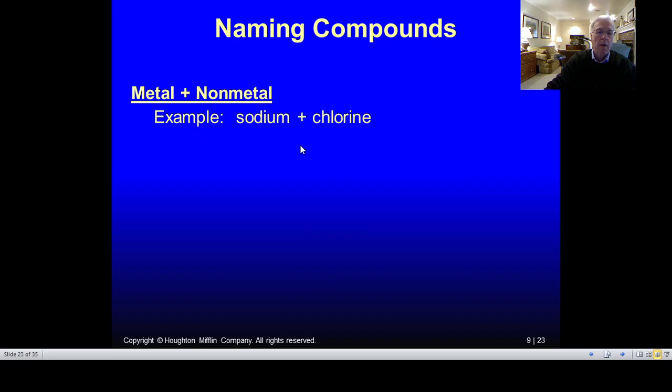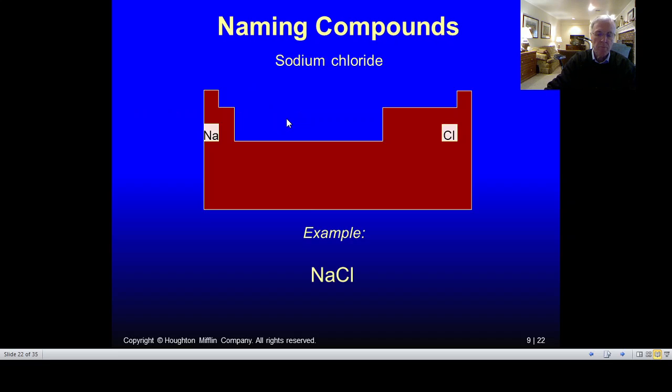So on the left-hand side of the periodic table, everything on the left-hand side are generally referred to as metals. Now there's a stair-step line on the periodic table that goes right through this region, and everything to the left of that stair-step line are known as metals, and everything to the right of that stair-step line are known as nonmetals.